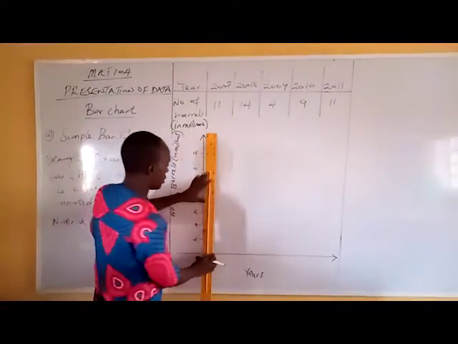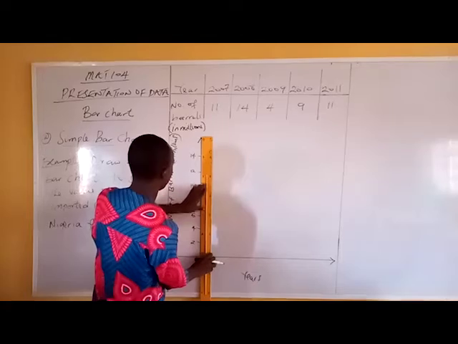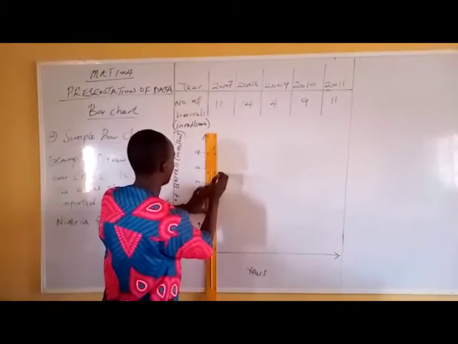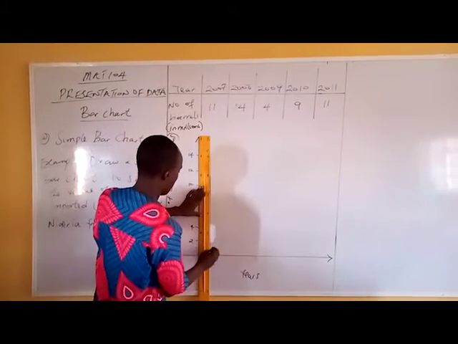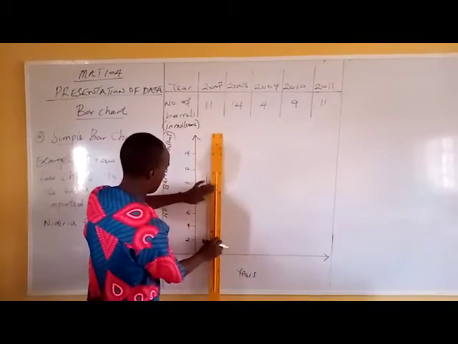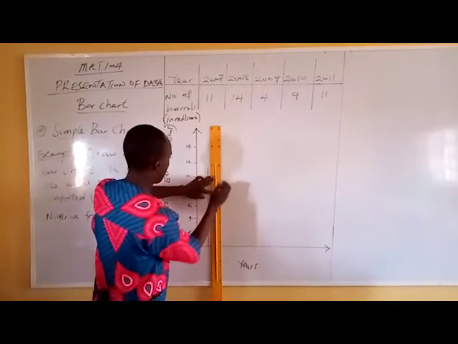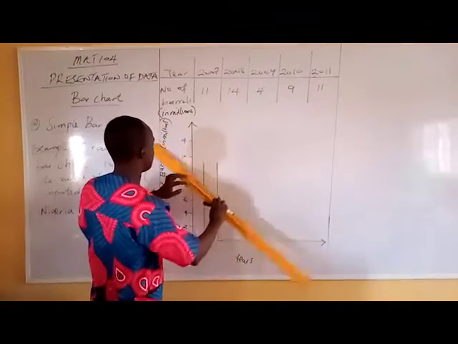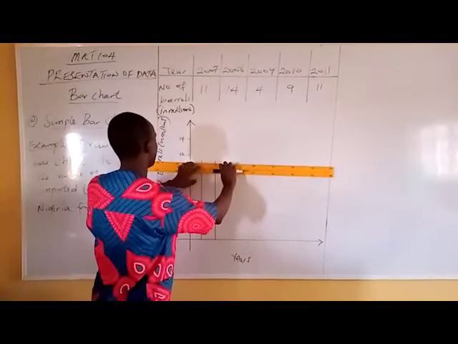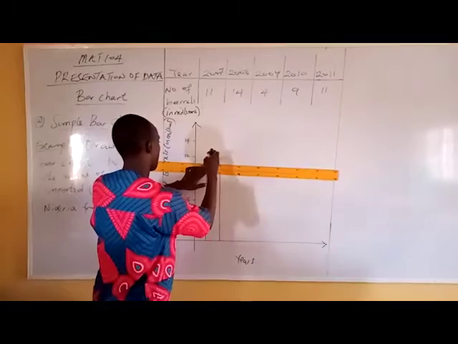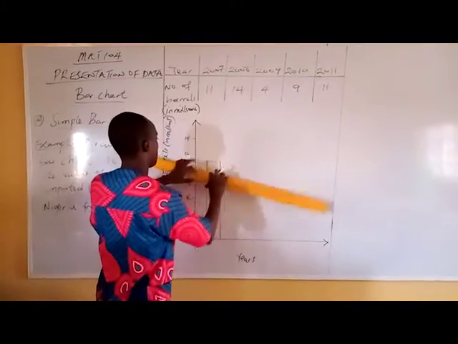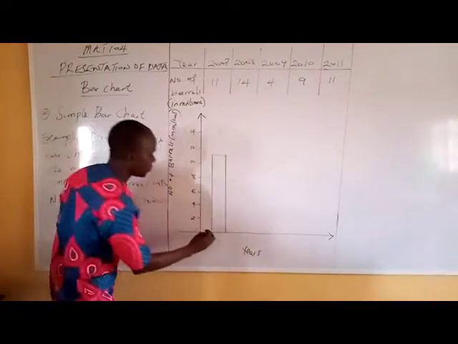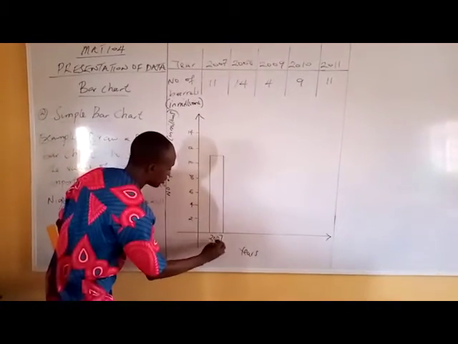So I can now start and say this is 2007, 11. The level is in between 10 and 12. I'll now put here 2007.